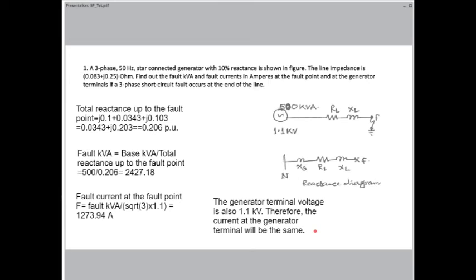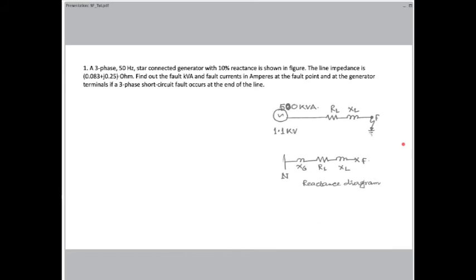Is that okay? Let me know if that is okay. Thank you. There is another way of finding it out.